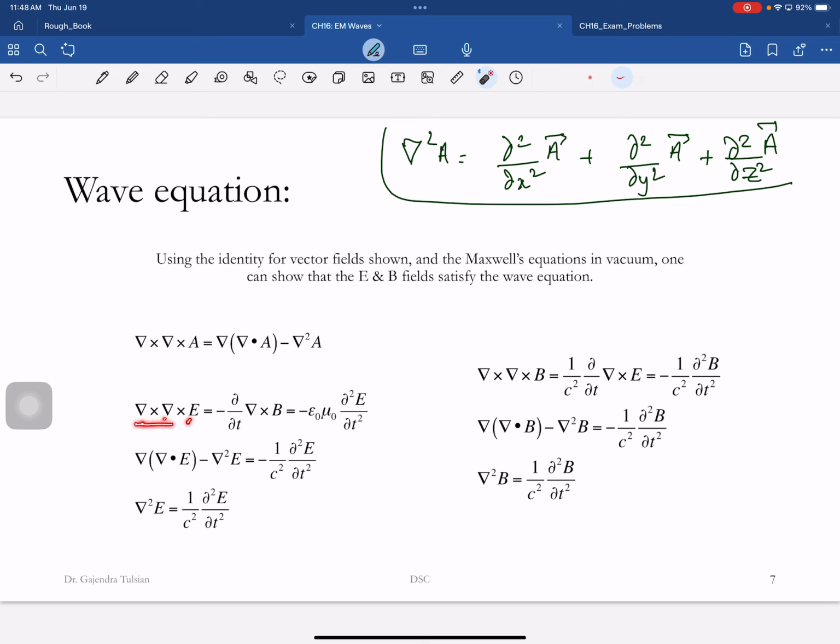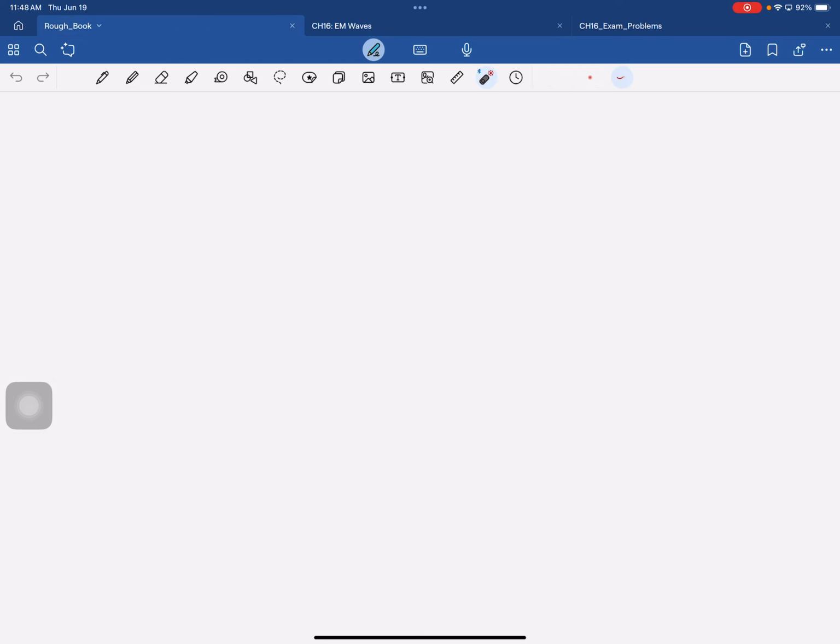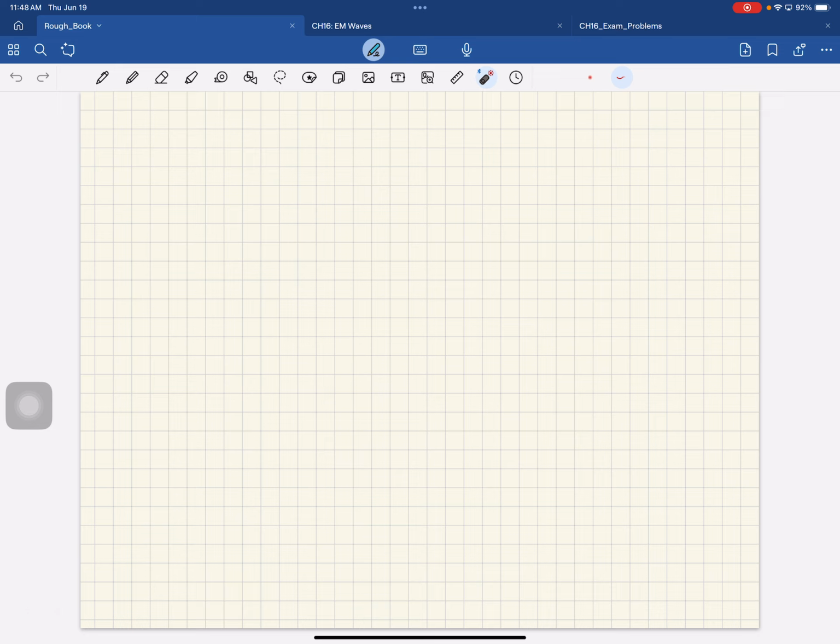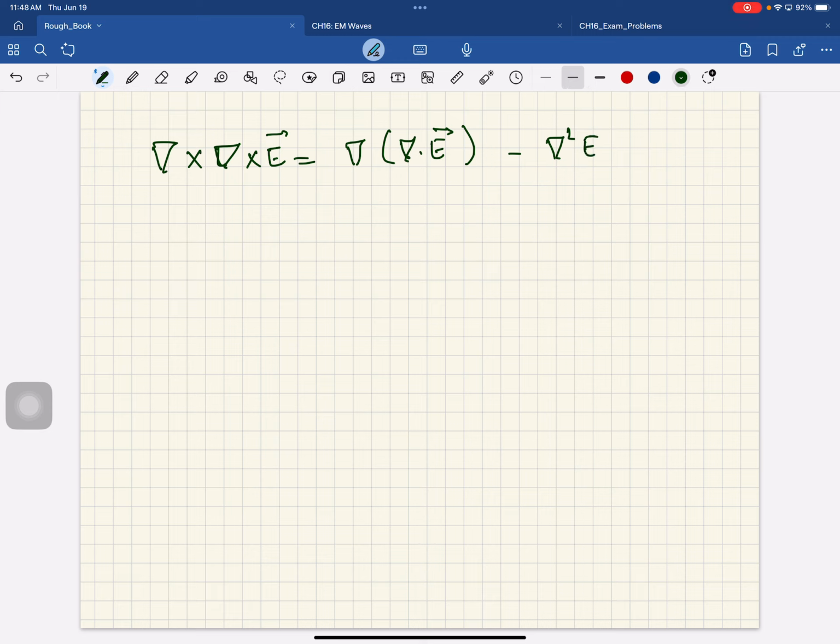So we're going to apply this to a vector field. Curl of curl of E is equal to gradient of divergence of E minus del square E. What are we studying?